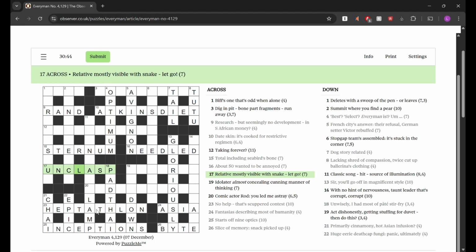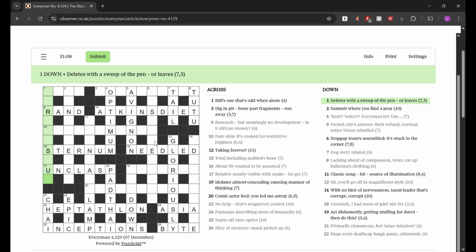I guess an asp is a snake. And if we have most of a relative, an uncle, we get the letters N-U-C-L, and put that with the snake, asp, and we get unclasp. If you unclasp something, you let it go. Okay.